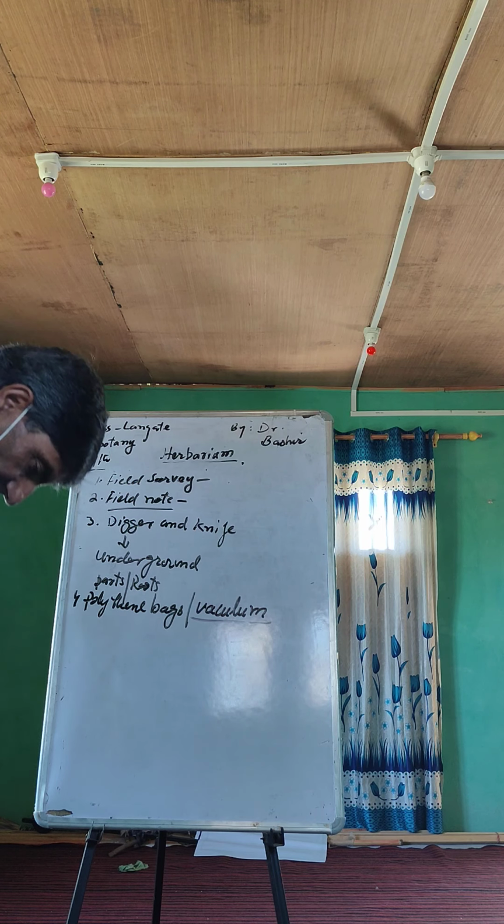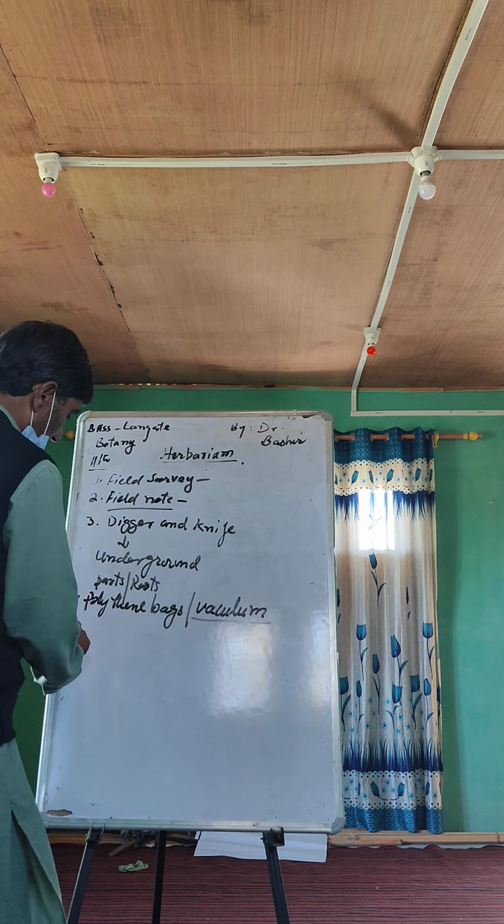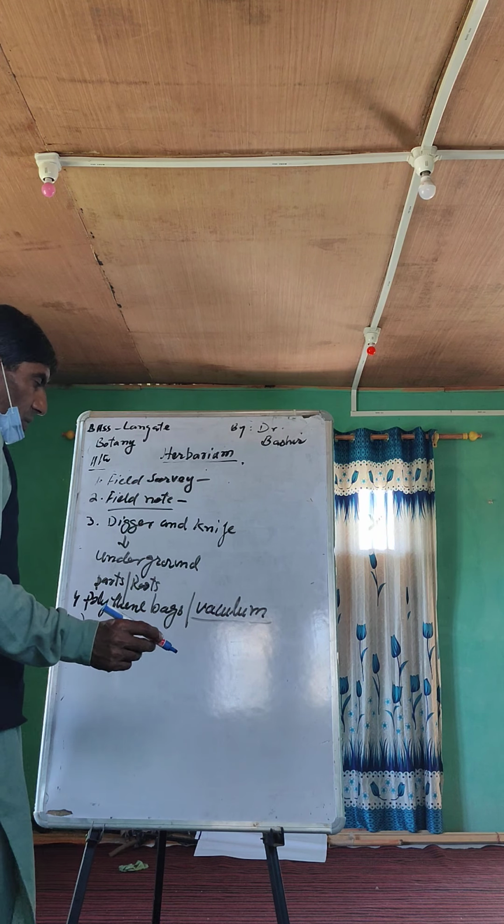Plants you collect, or parts of the plants you remove, or the entire plant you are removing, the top parts, which are leaves, stems, flowers or fruits you are collecting, must be kept in a polythene bag or vasculum bag. In these two materials, plant parts remain fresh till you reach home or your laboratory. And once you reach the laboratory, you have to do the next steps.